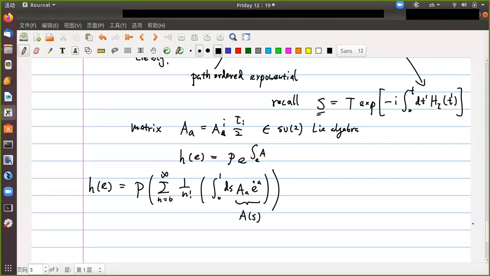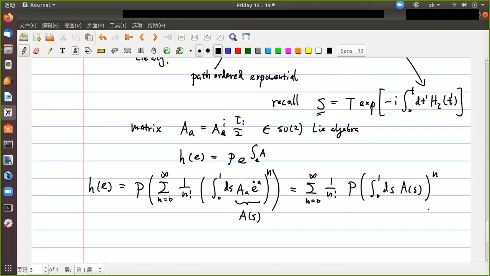All right. Now, I can view this P formally as a linear operator, so it commutes with the sum. Sorry, so here it is power n, here is power n, here is power n.